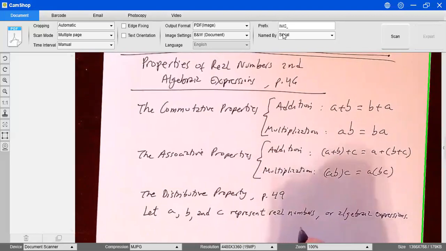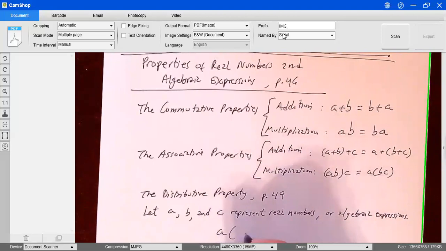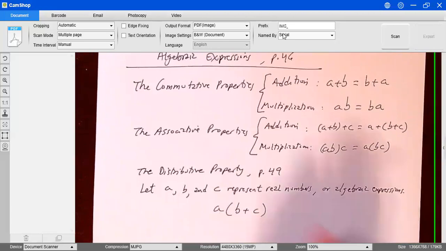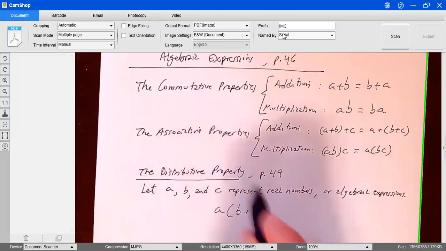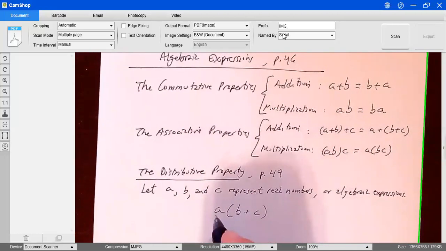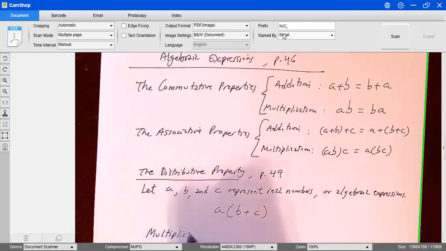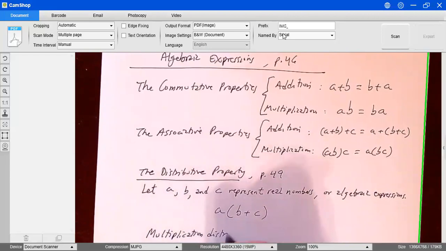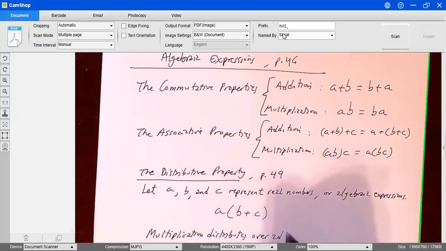If you have A multiplying B plus C, you're going to apply the distributive property of the multiplication over the addition. So we're going to write that the multiplication distributes over addition.